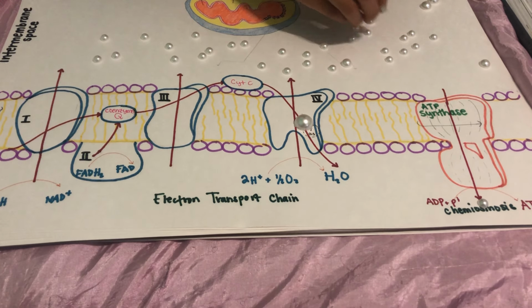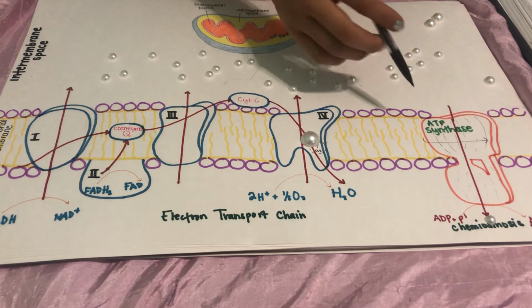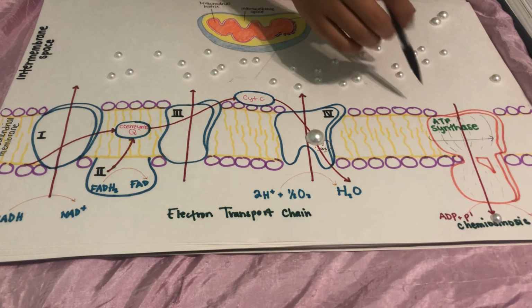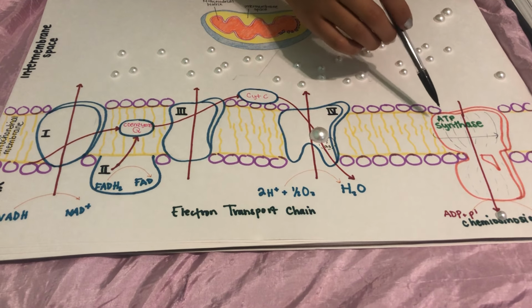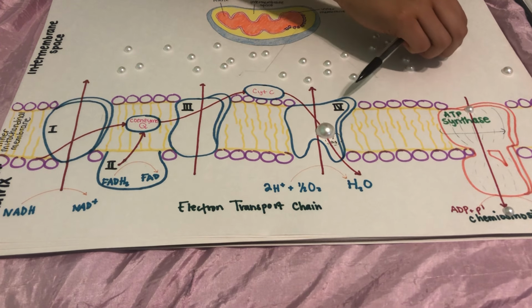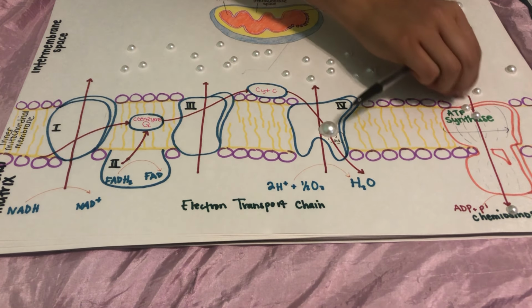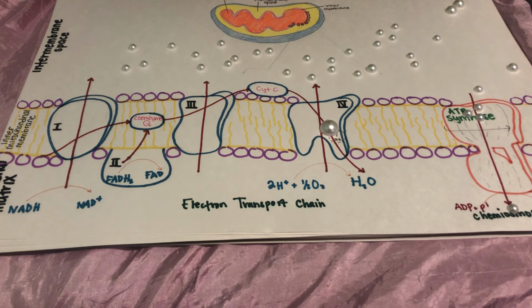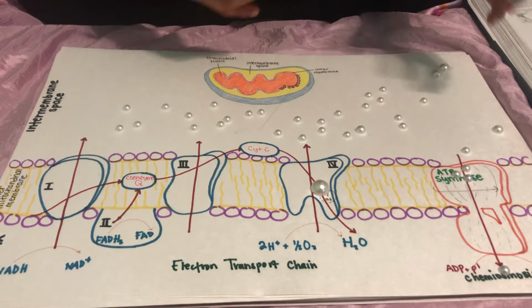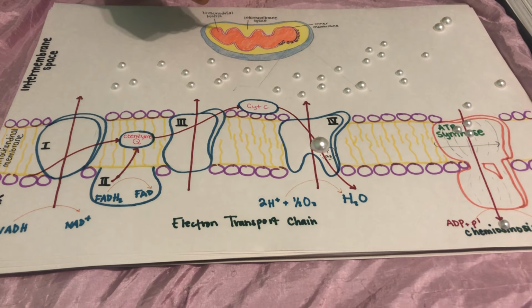ATP synthase is described as a water wheel, and the hydrogen ions are described as water, and that sort of helped me wrap my head around how ATP synthase works as well.